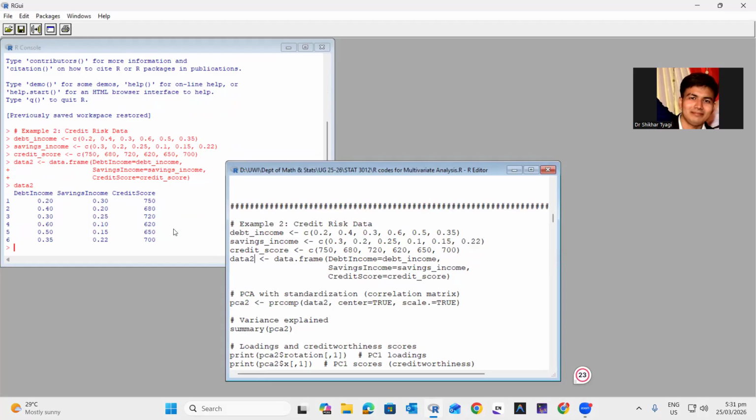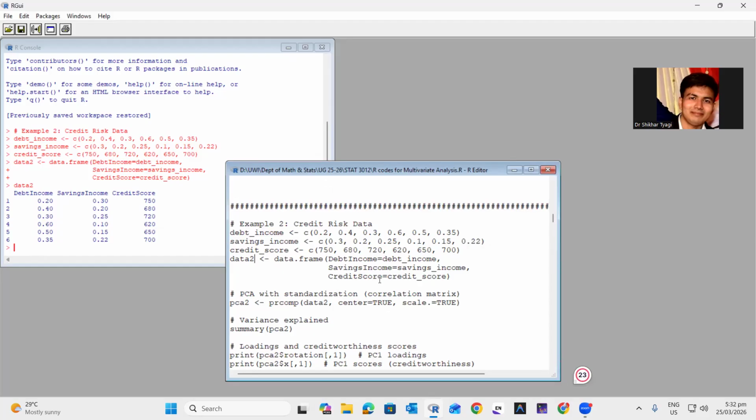After that, we are going to apply the PCA, principal component analysis, on the given data set, where we take data2 in the prcomp command. center equals TRUE means we are going to center the data set, that is, subtract from each observation of each column its respective mean.